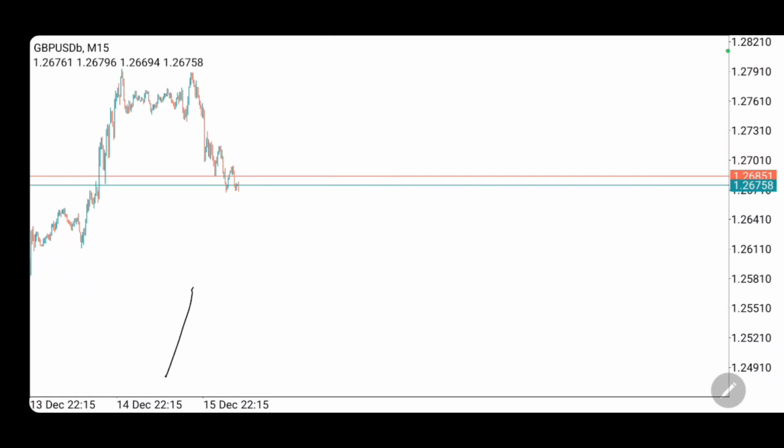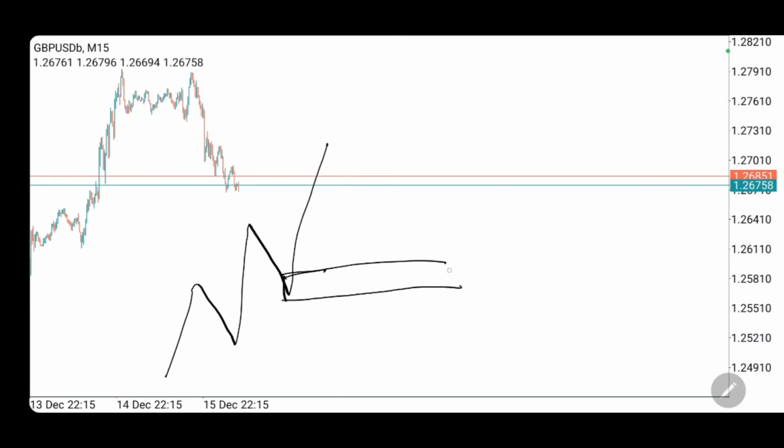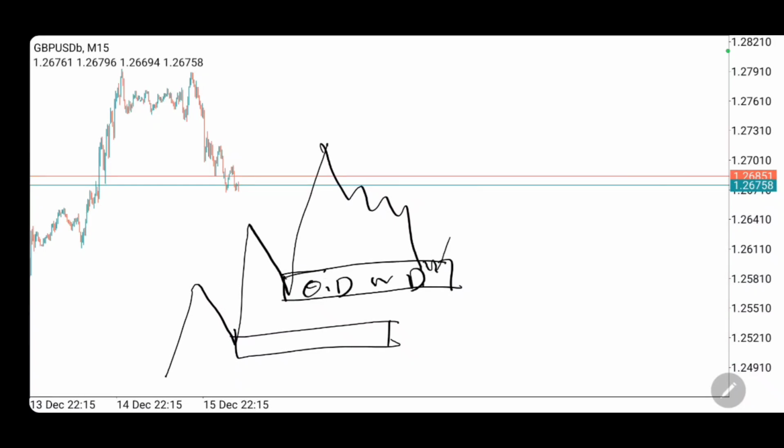Like you can see, if the market is in a bullish phase, this is a demand zone. These are demand zones. When price comes to the demand zone, this order block, to buy from it, it is now said to have been mitigated.